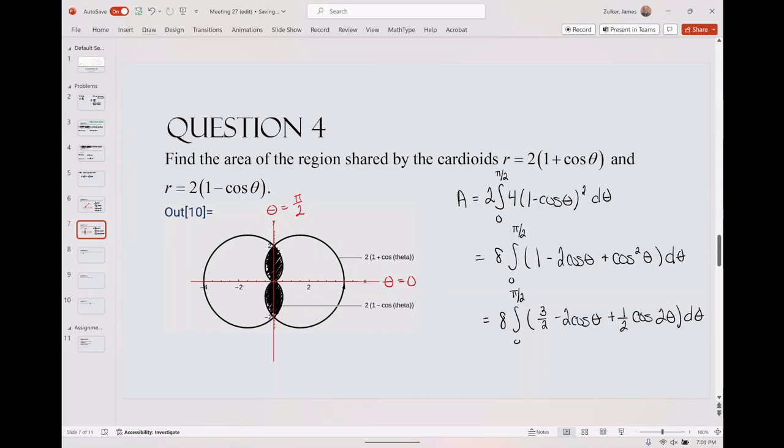And then again the reduction identity for cosine. So 8 times 3 halves from 0 to pi over 2 is 3 pi over 4.